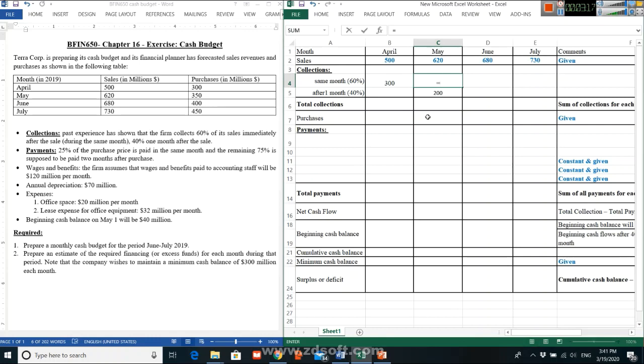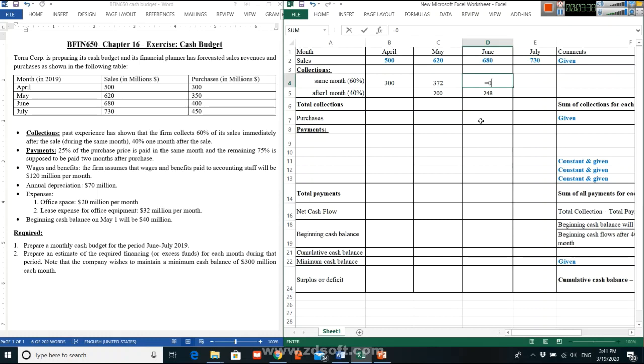Regarding the month of May, also 0.6 times the 620, and here 0.4 times the 620, because the 40% are collected after 1 month.